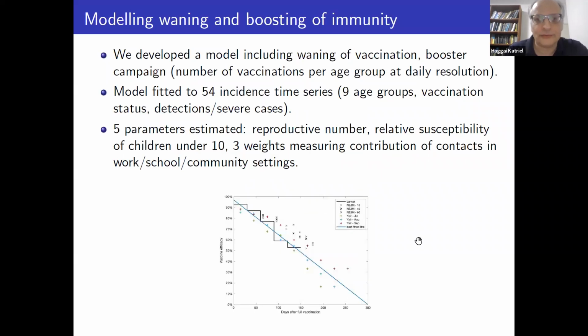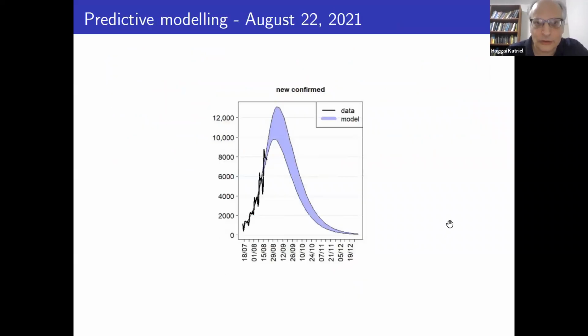So, once we have all this model, I'll show some results. We did this in real time, so we want to make predictions. I went back to my files. This is a prediction we made on August 22nd. This is the data we had, and this is the model we fitted.